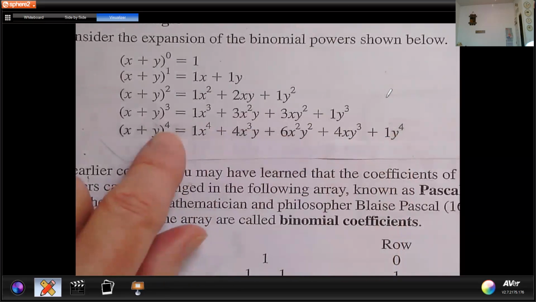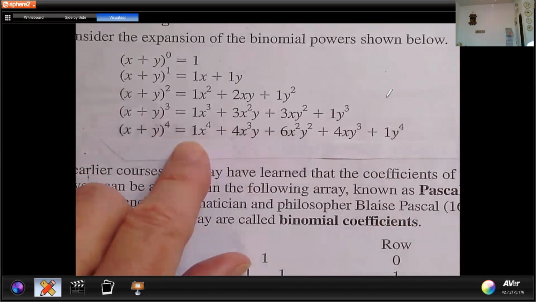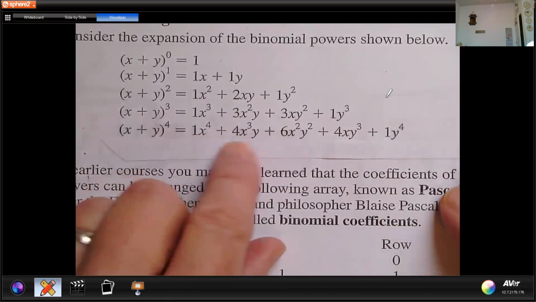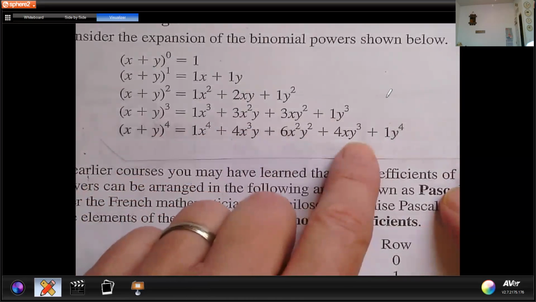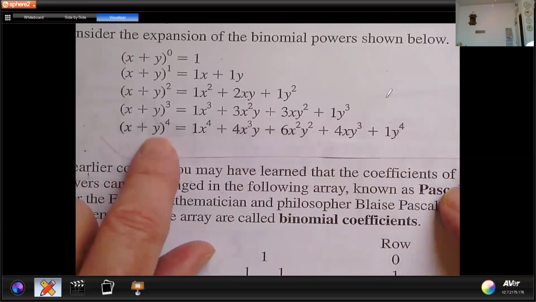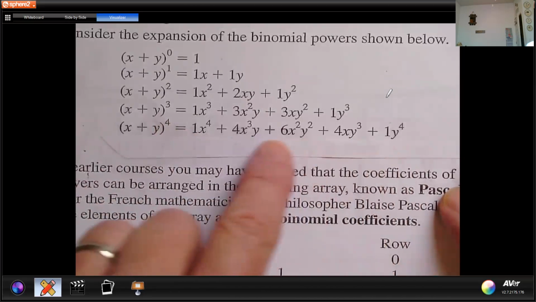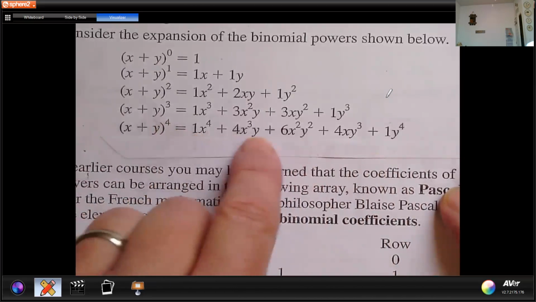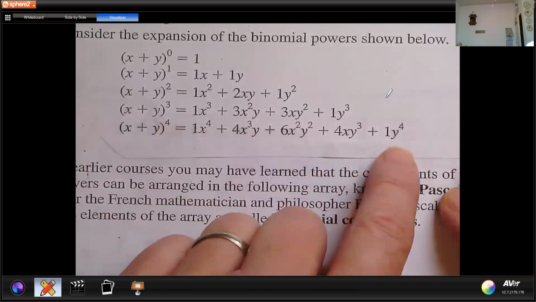So the x numbers are descending and the y values are ascending. There's not a y there, but then here's a y1, a y2, a y3, a y4. So if I wanted x plus y to the 4th power, this is where I get it. The x numbers go down and the y numbers go up.